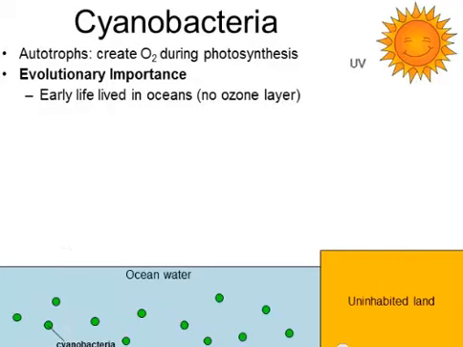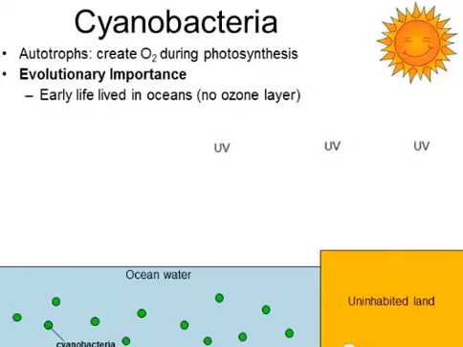You can see the picture says uninhabited land. So this is probably 3 billion or so years ago. We're talking hundreds of millions and billions of years ago. Sorry, I'm getting my numbers mixed up. But like it says, the evolutionary importance of cyanobacteria.